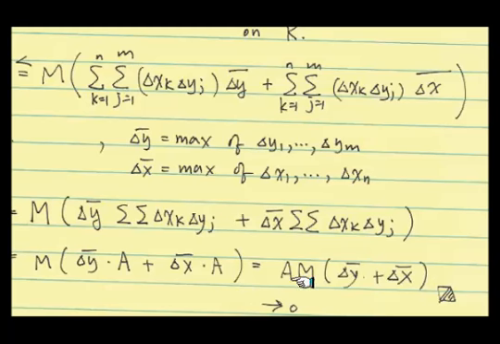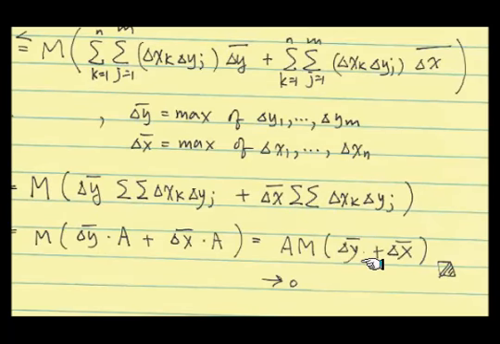A is the area of the region R over which we're considering this entire integral. M is the maximum value of some function involved in here over this region R. And then it looks like this. Now, this is a lot bigger than the one that we started with, but it's good enough because in between there is this quantity we want to compute, and A and M are not changing as we divide the region R into finer and smaller pieces.